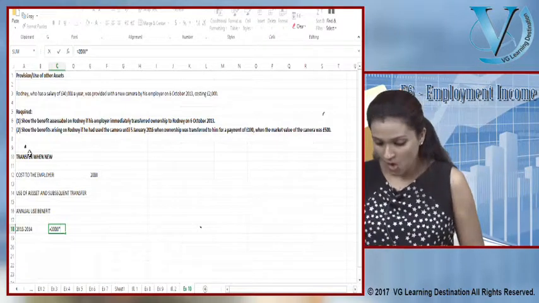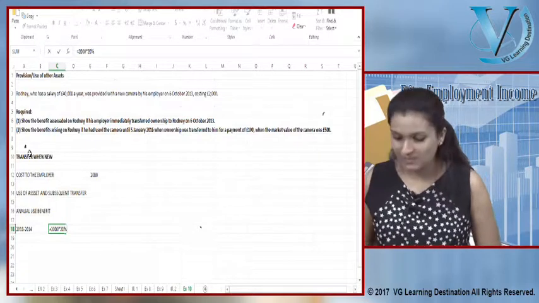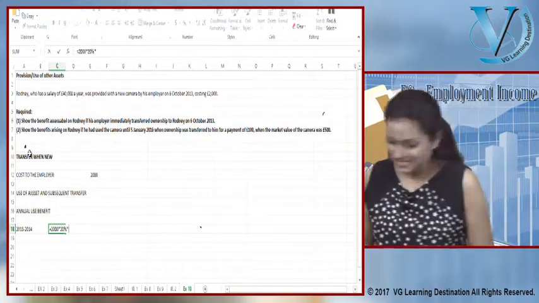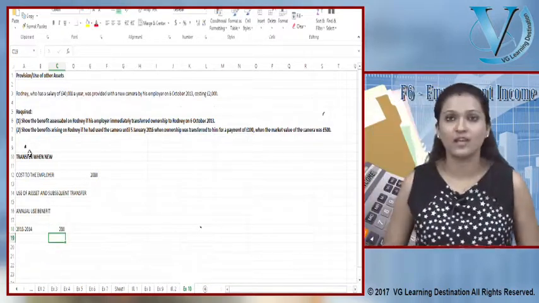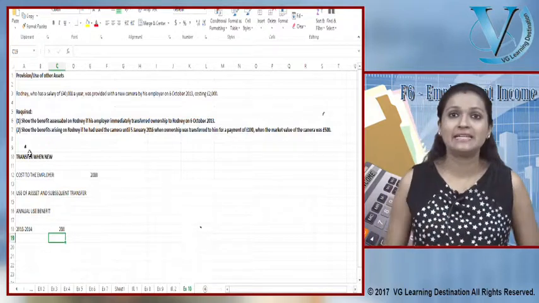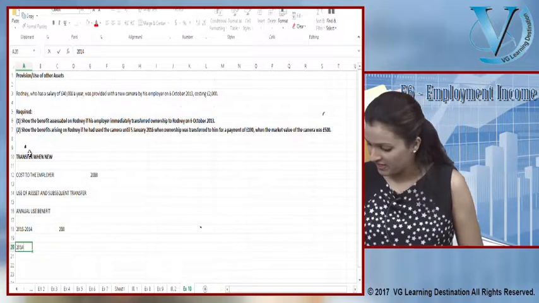So 20% of the market value, which is £2,000. Obviously you need to time apportion it in 2013-14. You only used it for 6 months. So 6 divided by 12 is the annual use benefit that you've actually used in 2013-14.